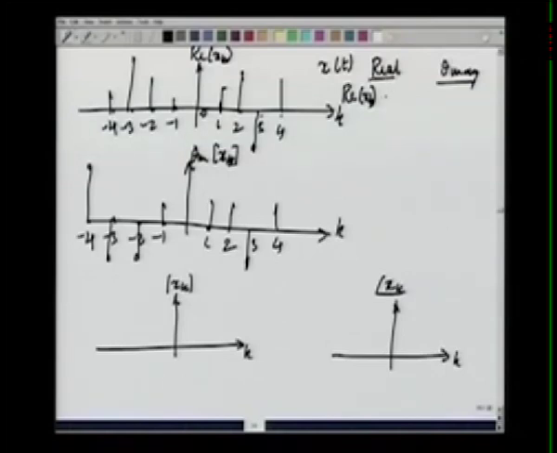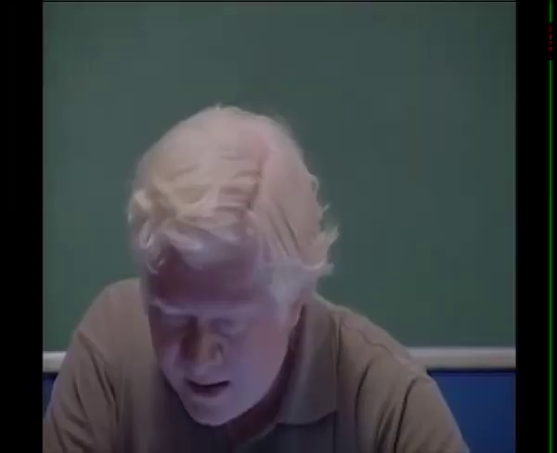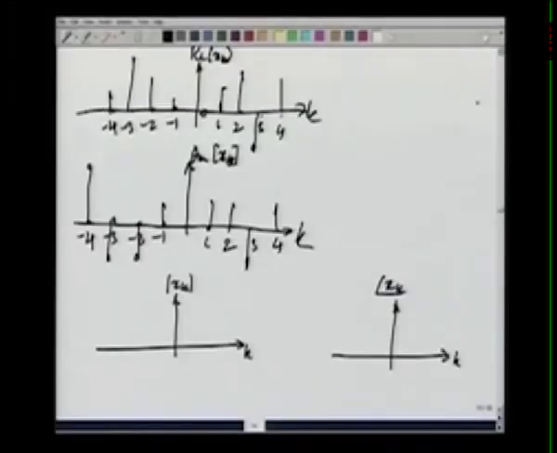Real x k will be even, imaginary x k will be odd. That means to say x k will be equal to x of minus k, real x k will be equal to real x of minus k, and let us list all these properties over here. Okay.